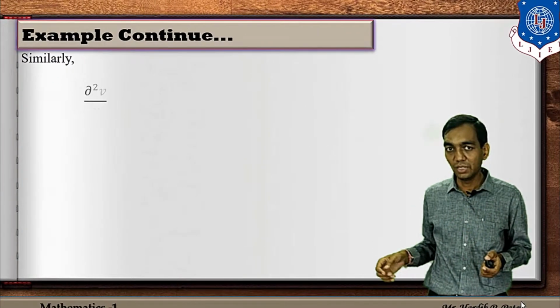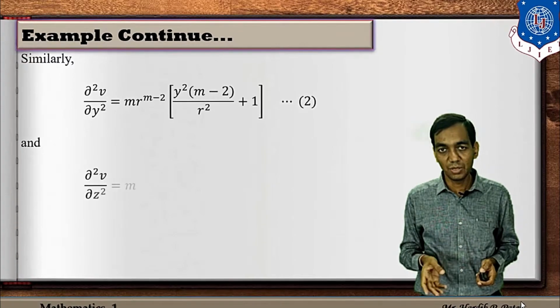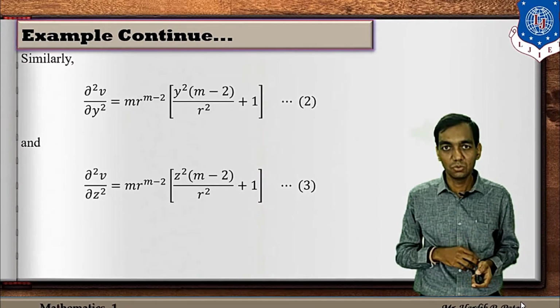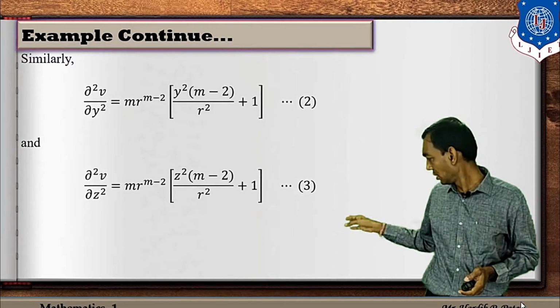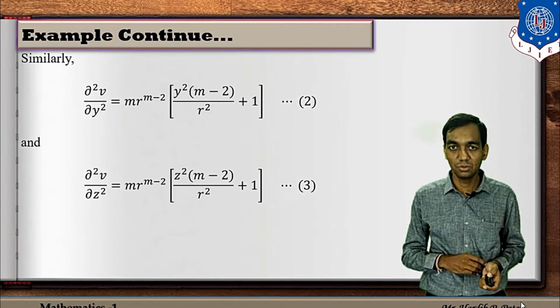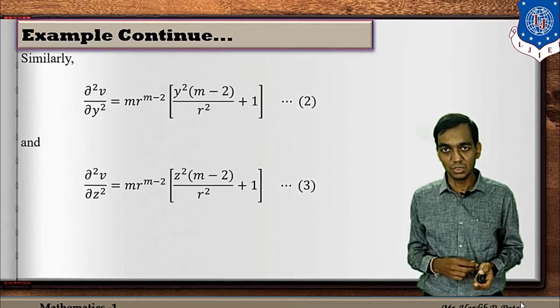In the same manner, ∂²v/∂y² will be m into r raised to m minus 2 into the bracket y² upon r² into m minus 2 plus 1, and ∂²v/∂z² will be m into r raised to m minus 2 into the bracket z² upon r² into m minus 2 plus 1.